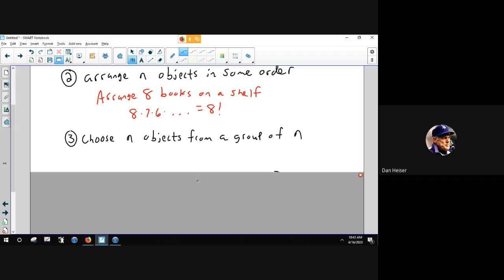If I am looking to create some sort of 8-digit number where all the digits are different, I have 8 choices for the first digit, 7 choices for the second digit, and so on.